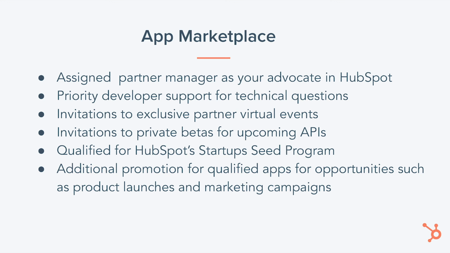And 6, additional promotion for qualified apps for opportunities such as product launches and marketing campaigns. You can sign up for the App Partner Program through our public API documentation under the Resources tab.